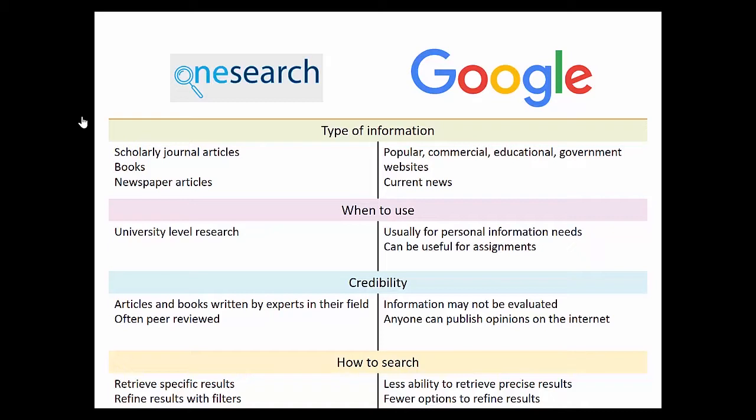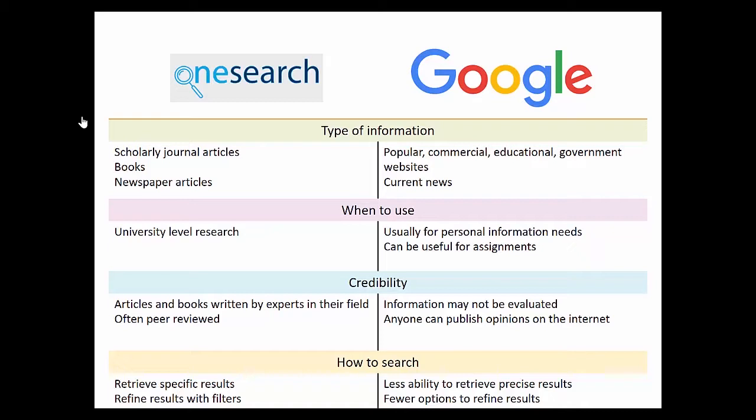For this reason, OneSearch is much more helpful for finding information you'll need for university level assignments and research. Of course, there are many things that Google is still extremely helpful for, but you probably won't find the university level academic scholarly information that you need through Google. And of course, as we've alluded to, the information you find in OneSearch is written by experts.